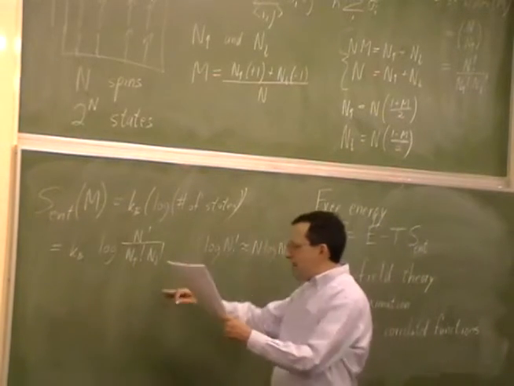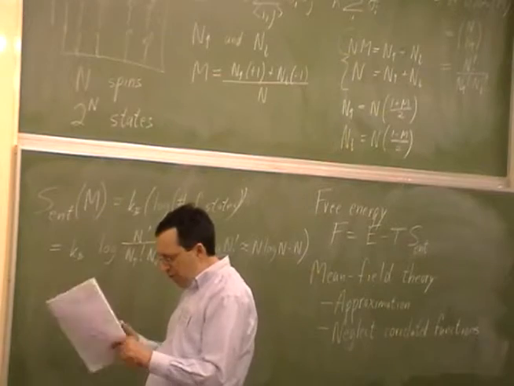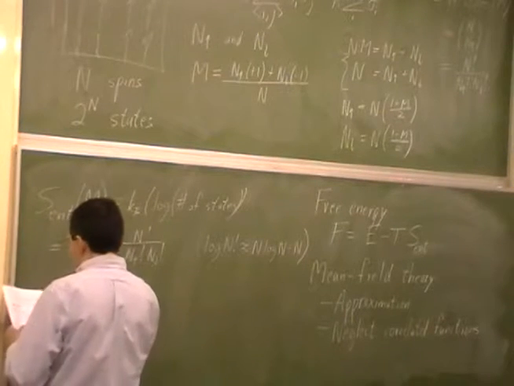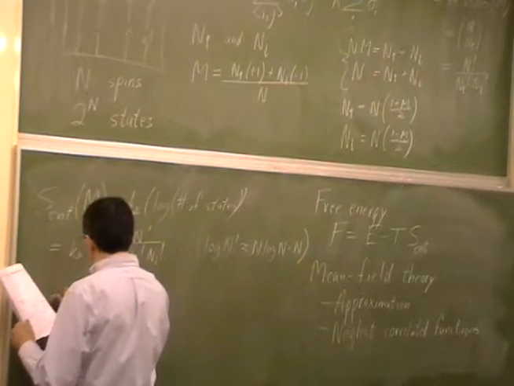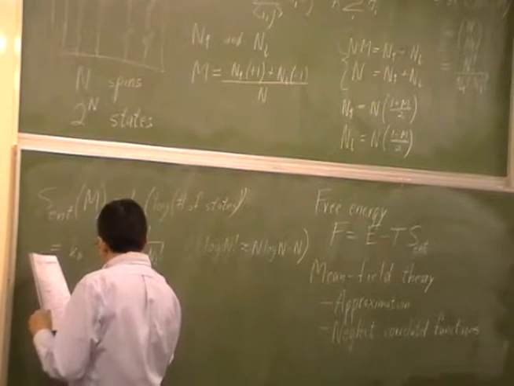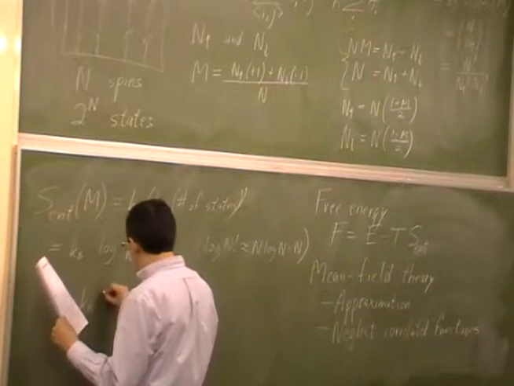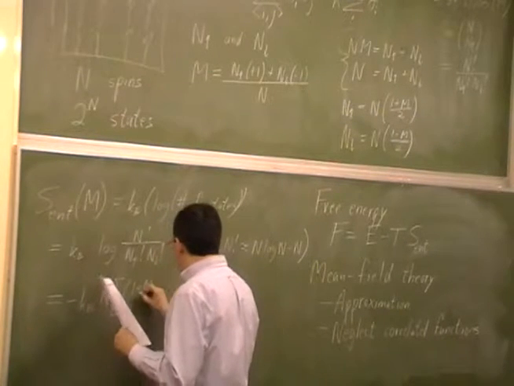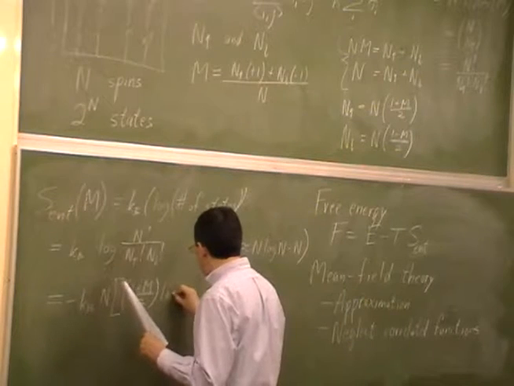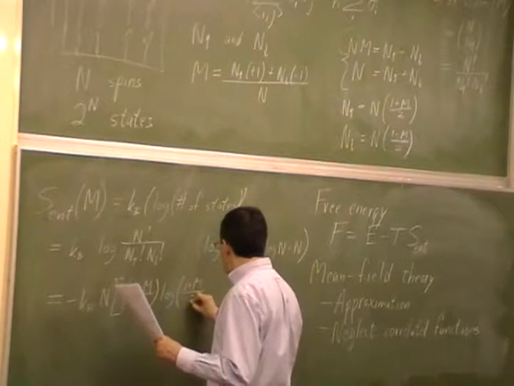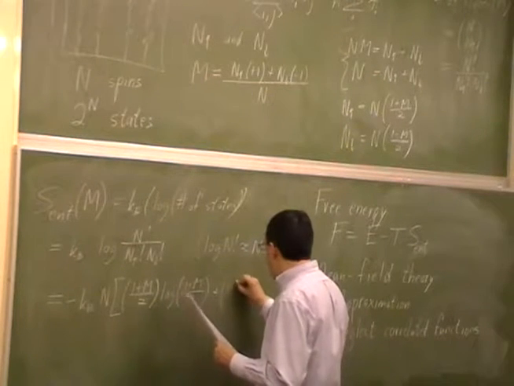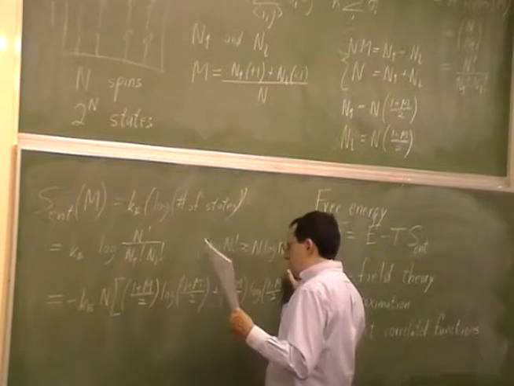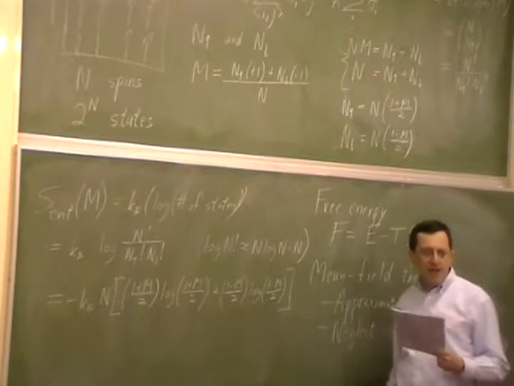okay? So I'll do all the calculation. I don't really want to go through all the algebra, but suffice it to say that this all works out to the answer, which is minus Boltzmann's constant times n times (1 plus m over 2) log (1 plus m over 2), plus (1 minus m over 2) log of (1 minus m over 2), like that, okay?